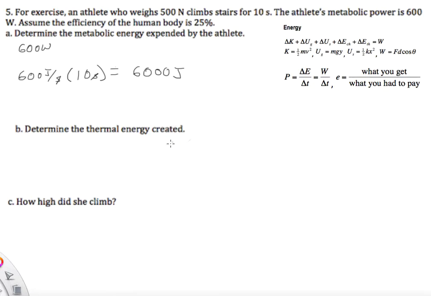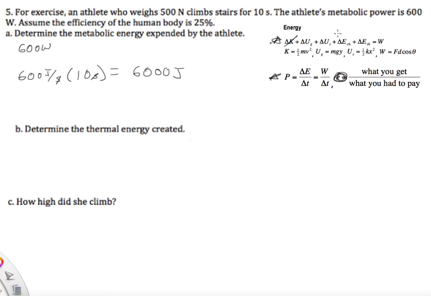Alright, so we want to find out how much thermal energy is created. So now we need to keep in mind a couple things. We want to look at this efficiency. We know that she's climbing at a constant speed.